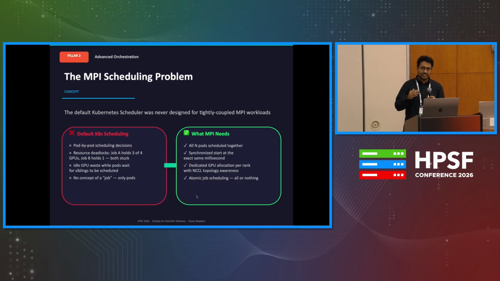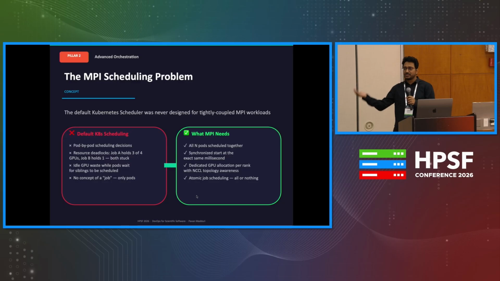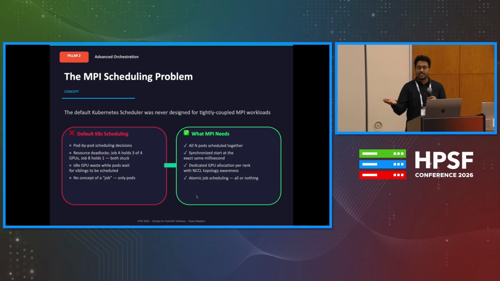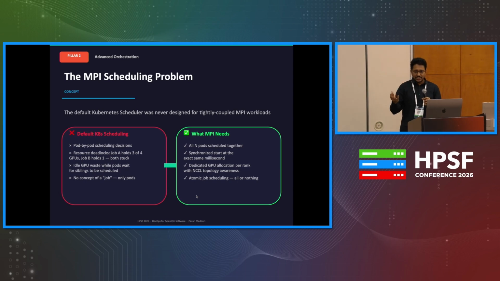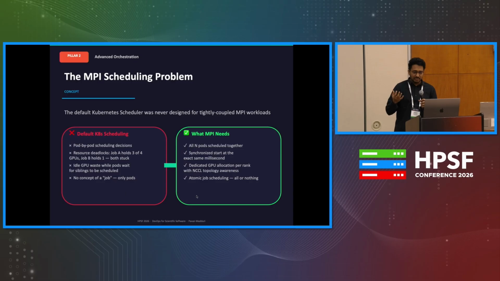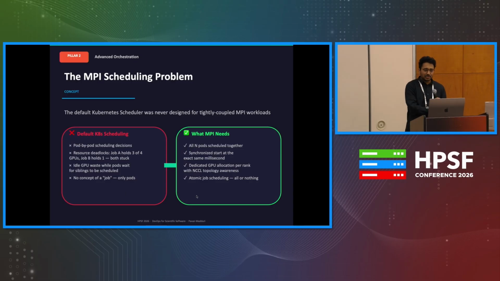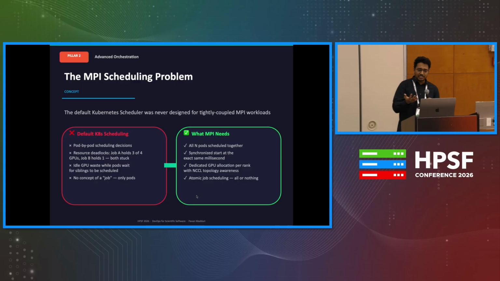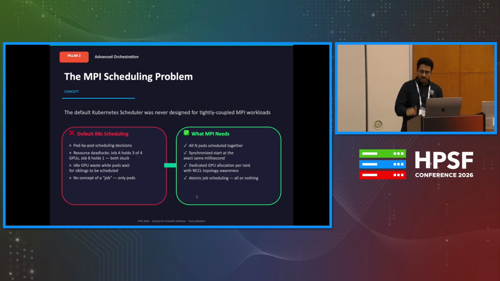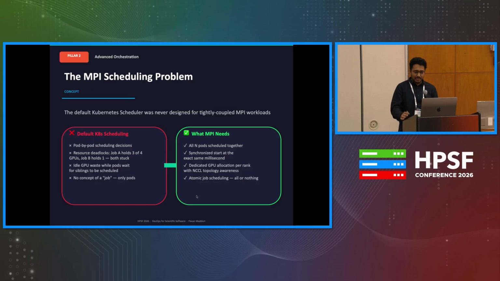Whenever a pod request comes, the scheduler allocates it onto a node and deploys it. But say a job needs 4 GPUs, grabs the first one, and the next pod is left waiting for a long time until another node is up and running. So MPI needs atomic scheduling, where all the pods are scheduled together at the exact same time with dedicated CPU allocation.